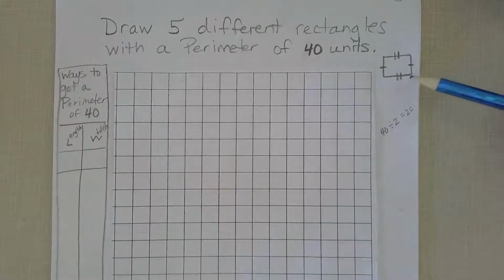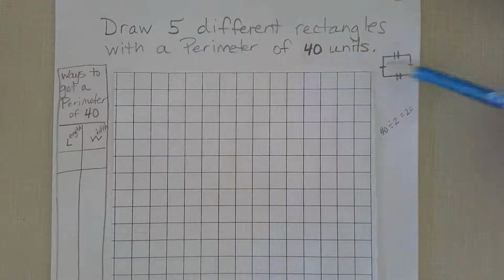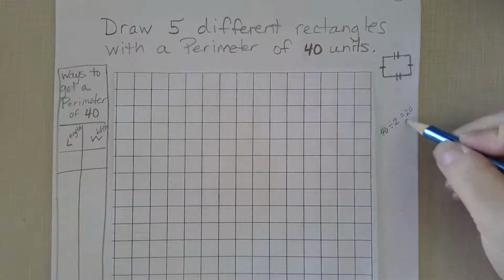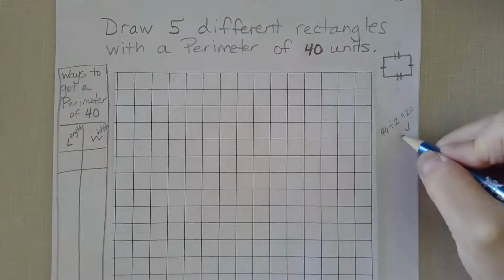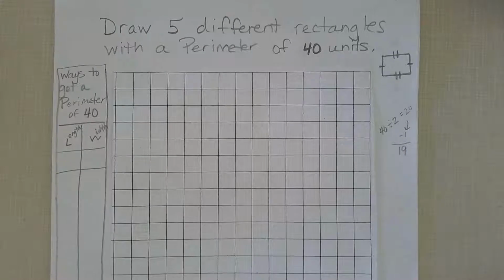But we certainly can't do a length of 20 and a length of 20 over here, because that would be equal to 40, and we have to have a number that represents it that's going to be greater than 0. So it can't be 20. But what we can do is start with minus 1 from 20 and actually start with the number 19.